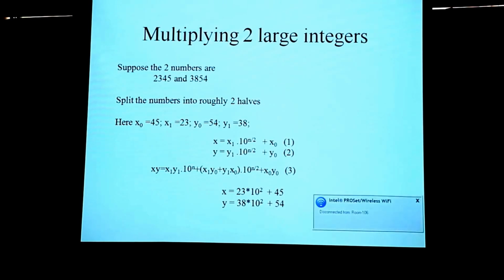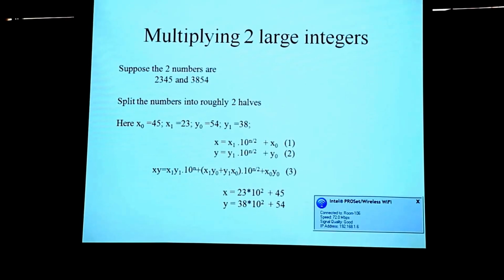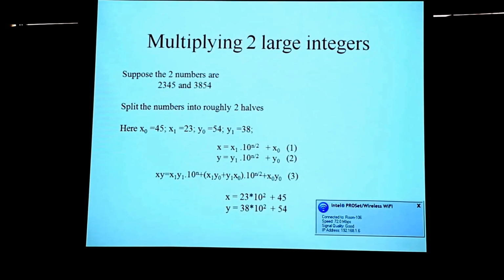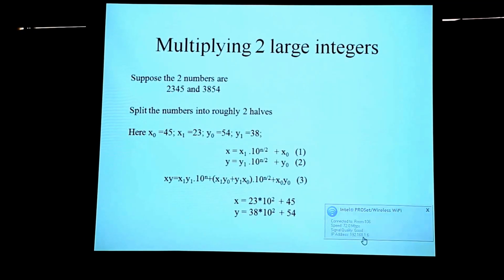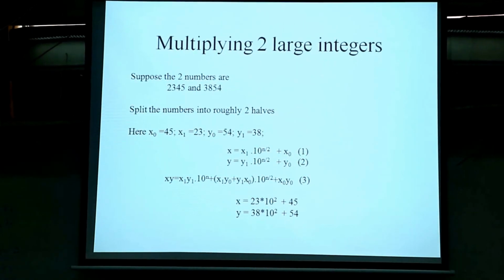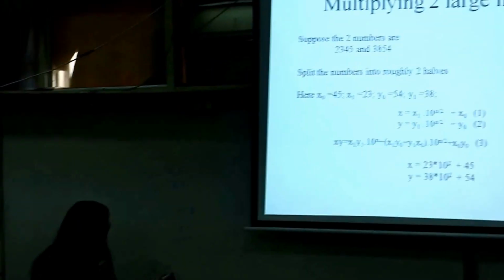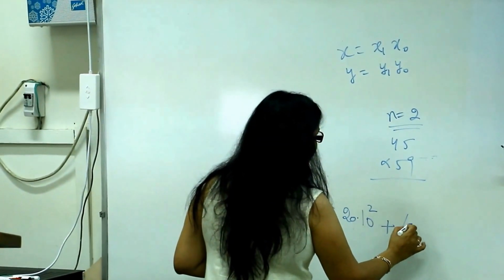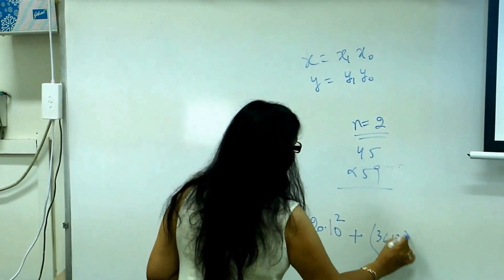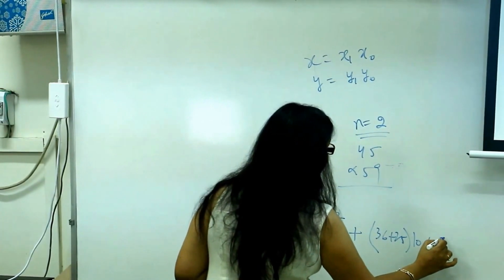Take n is equal to 2. You want to multiply 45 into, let's say, 59. The claim is that this is 20 into 10 to the power 2 plus 9 4 is 36 plus 25 into 10 plus 5 is 45.